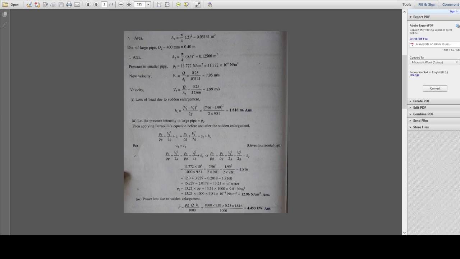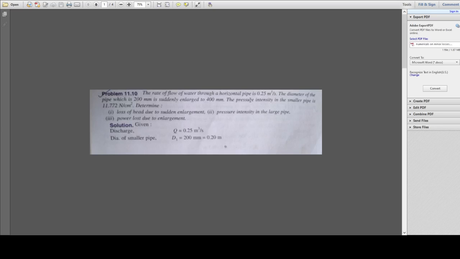We know that the pipe is horizontal, therefore the reference line and the datum height will be the same, therefore Z1 will be equal to Z2. Therefore P1 by rho g plus V1 square by 2g is equal to P2 by rho g plus V2 square by 2g plus He. Now write this equation in terms of P2 by rho g, because the pressure intensity in the smaller pipe, P1, is given to us.